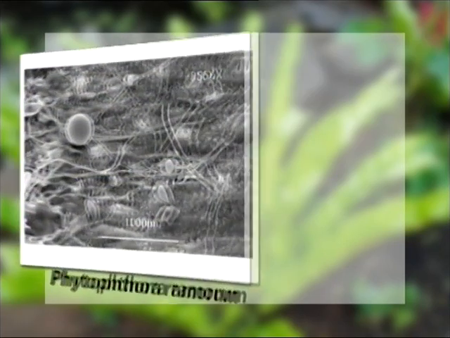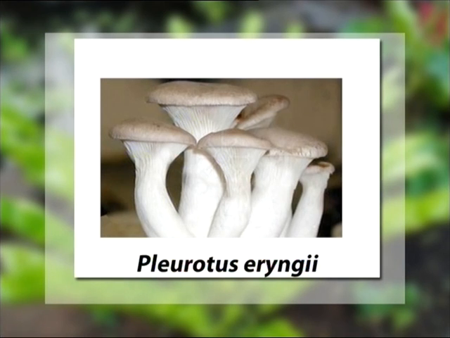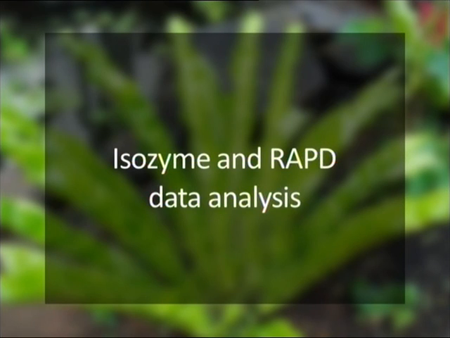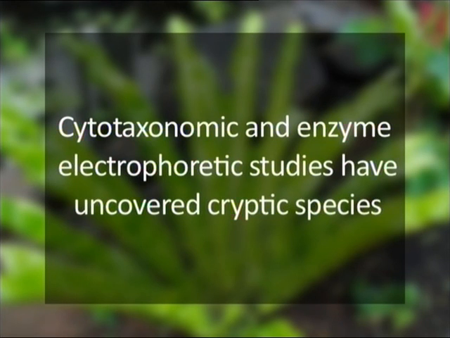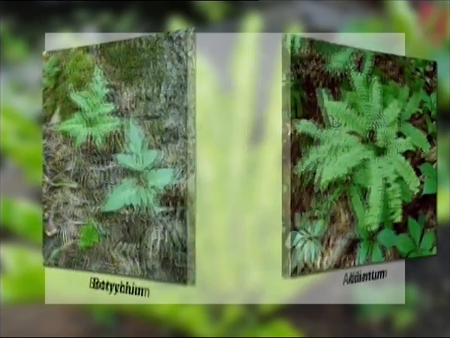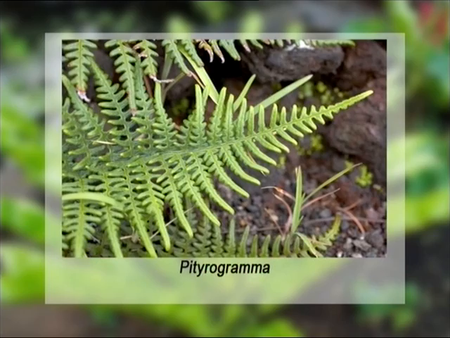SSCP is used for rapid identification of Phytophthora ramorum, which is an important quarantine plant pathogen worldwide. The Pleurotus eryngii species complex was resolved using isozyme and RAPD data analysis. Cytotaxonomic and enzyme electrophoretic studies have uncovered cryptic species in many fern lineages such as Adiantum, Botrychium and Pterocymbium.